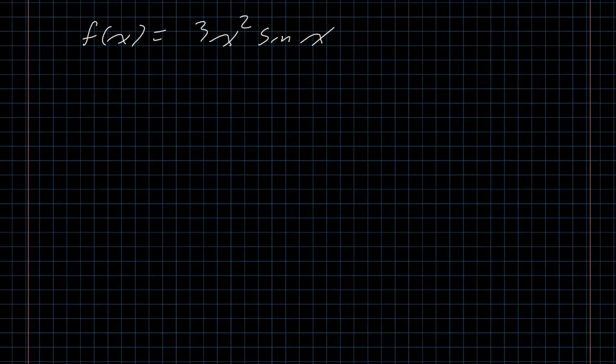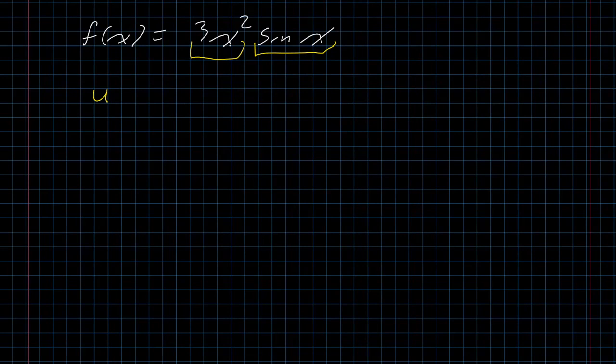When I see f of x equals 3x squared times sine of x, I immediately see, oh, there's an algebraic piece, 3x squared, and there's a trigonometric piece, sine x, and they're being multiplied together.